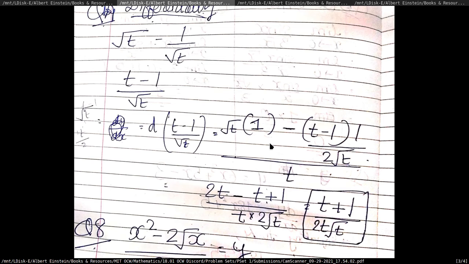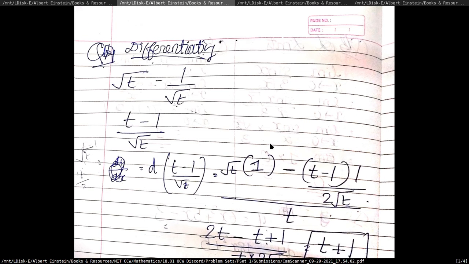So you have to find d over dt of that. What you do is you first apply the sum rule, right? Taking the derivative of this one and then this one. And for the second term, you have to apply the quotient rule.